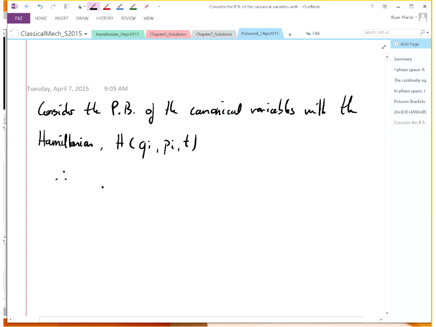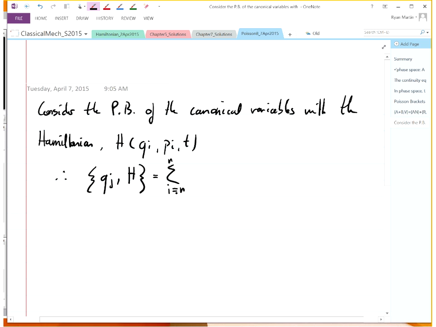So let's take the Poisson bracket of some variable. I'll use the qj in the notes. So let's do the Poisson bracket of the jth coordinate q with H. So if I do the Poisson bracket, just applying the definition, it's the sum from i equals 1 to n.